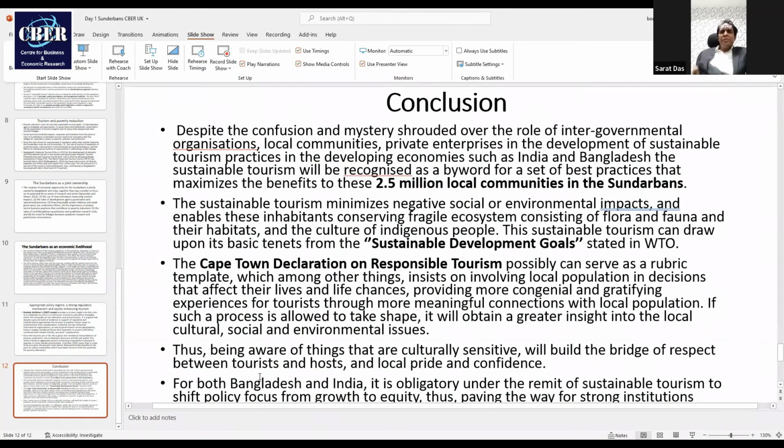One good thing is that I made a reference to the Cape Town Declaration on responsible tourism. I think that probably would serve as a template in this case of the Sundarban.